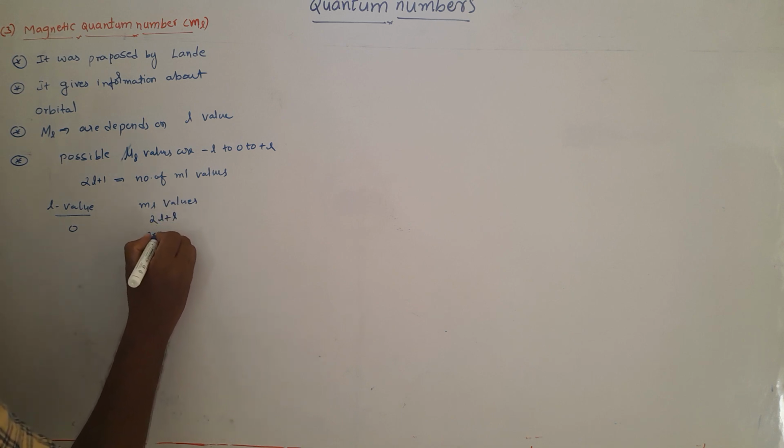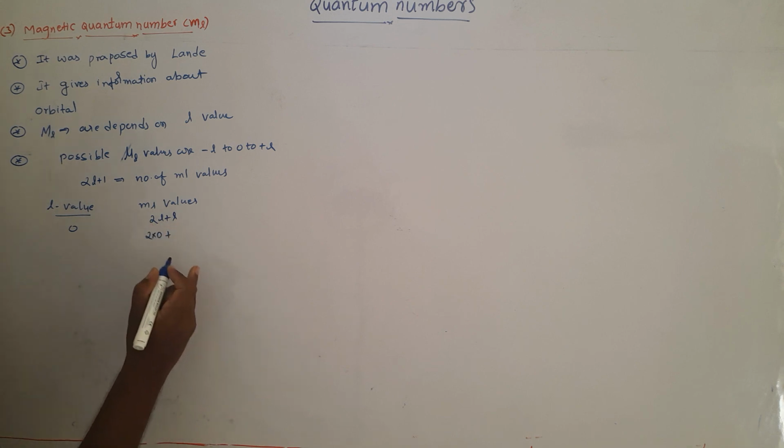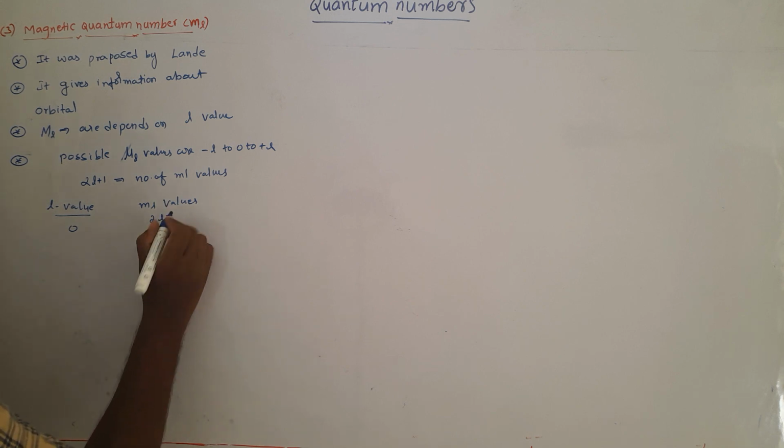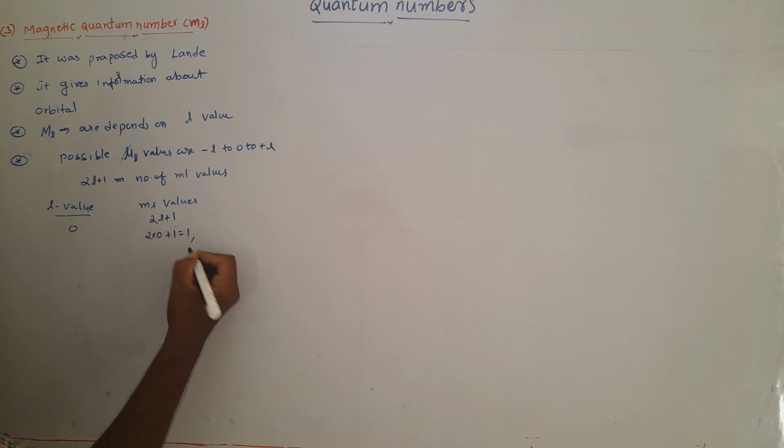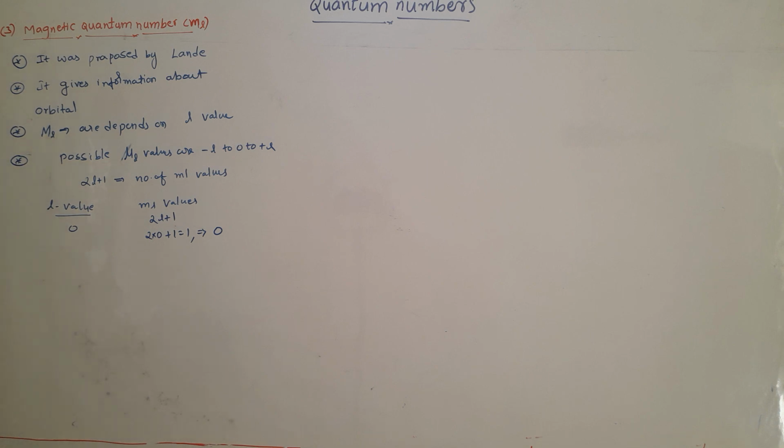So 2 into 0 plus 1, that is 1 value is possible. What is that 1 value? That is 0, 0 only.